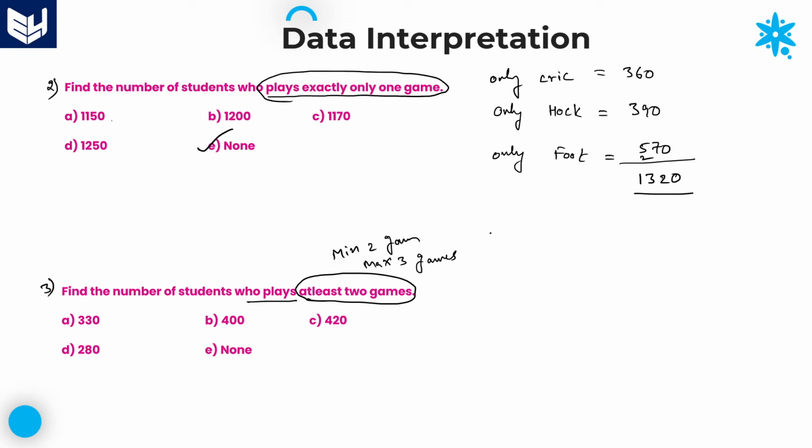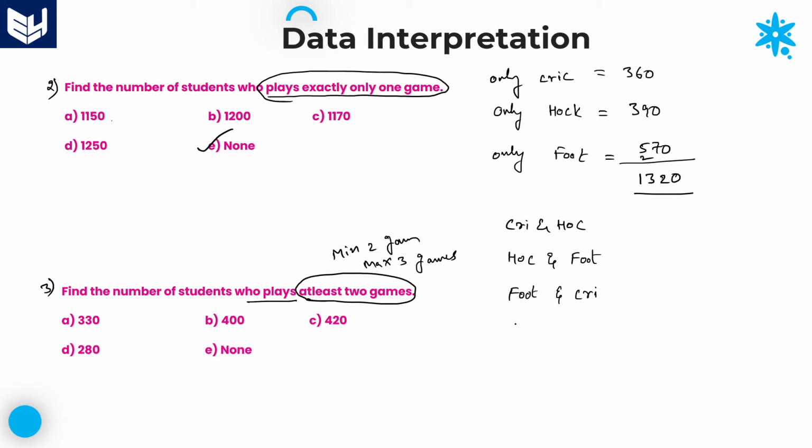So first, minimum two games. Minimum two games means that is a combination of cricket and hockey. That is the first combination. Second combination, hockey and football. And third combination, football and cricket. These are the combinations of two games.